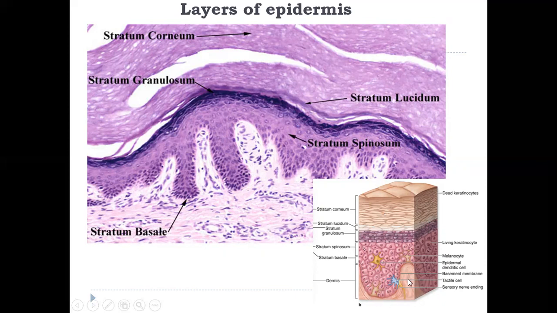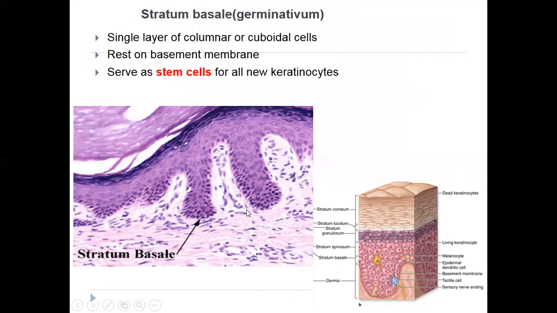This is dermis. This area is dermis. Stratum basale is also called stratum germinativum. Here columnar cells can be seen or cuboidal cells can be seen. This area, they are resting on basement membrane.